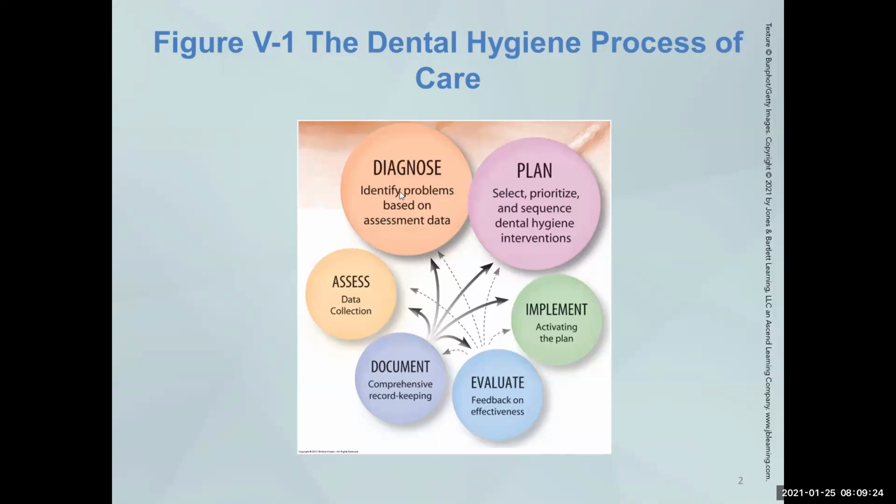So we're going to be going over diagnosis. Then planning is selecting, prioritizing, and sequencing your dental hygiene interventions. That's your treatment plan. Then you're going to implement the plan.